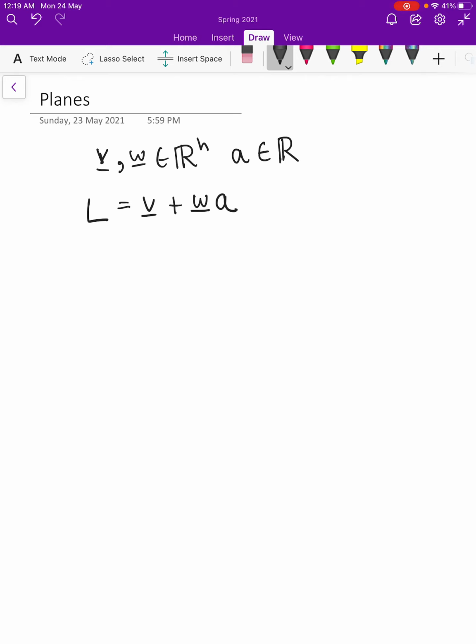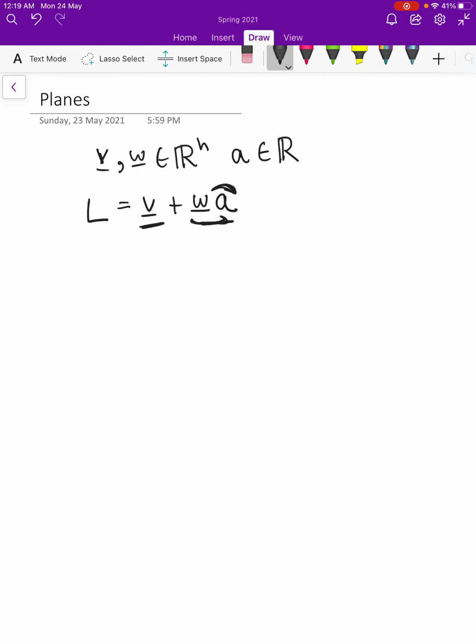Now in here, v gives us our starting point, and w gives us our direction vector, and a basically makes it so that it is aligned, since we just infinitely have the possibilities of different scales of w.